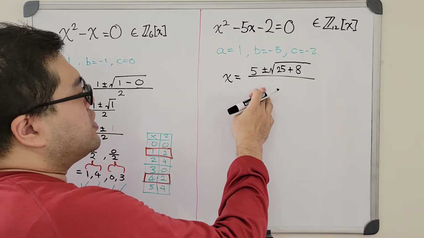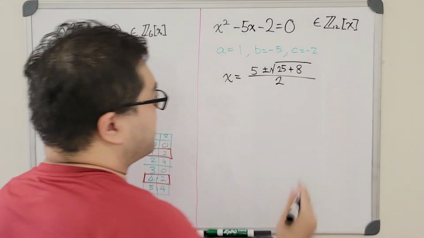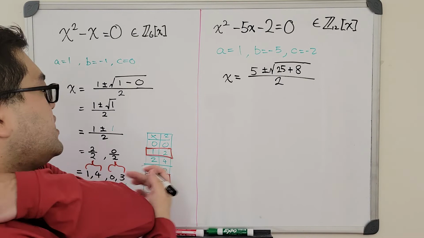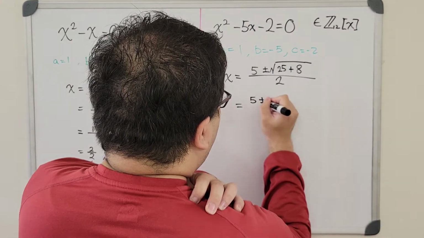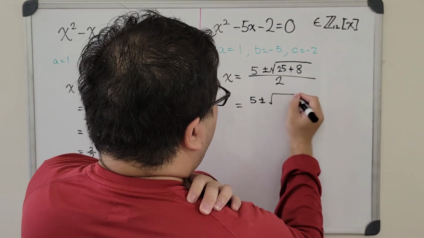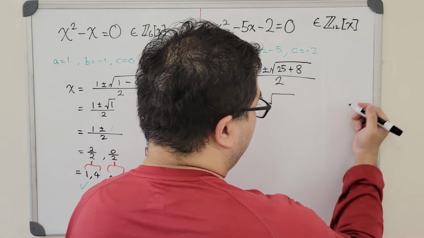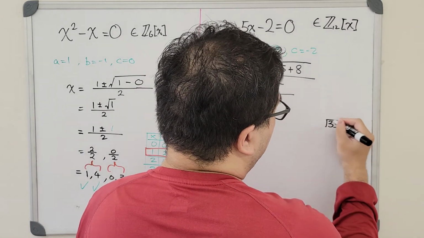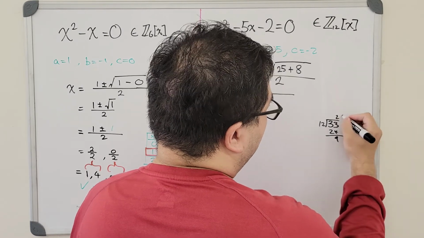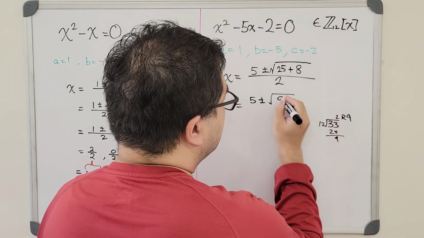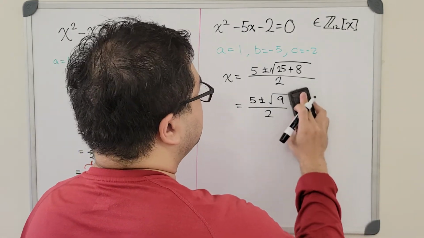And then we're going to divide by 2a, but a is 1, so we're going to divide by 2. So let's try to reduce it. So we have 5 plus or minus the square root of 25 plus 8 is 33, but 33 divided by 12 is going to give us 2, and we have remainder 9 here. So we will just reduce it down to 9 here.